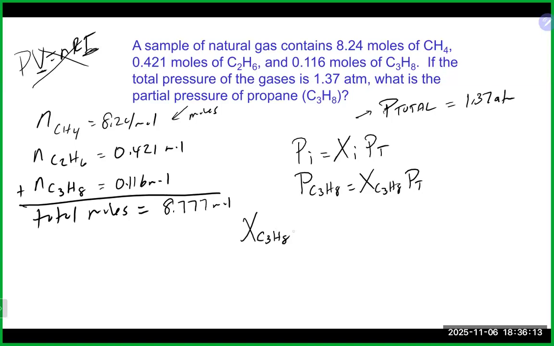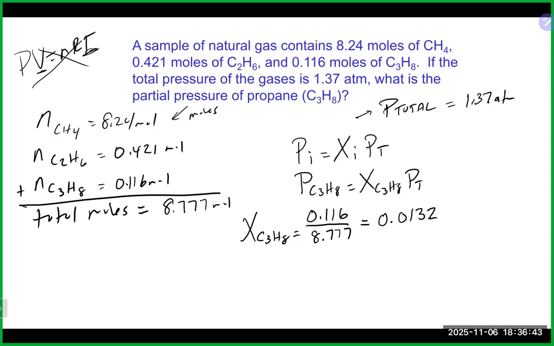So we're going to take the moles of propane, 0.116, and divide it by the total moles. It's really a percentage, but obviously we're not going to multiply by 100 in this case. 0.116 divided by 8.777 is going to get us 0.0132 as our mole fraction. Basically 1% of it is made up of propane.